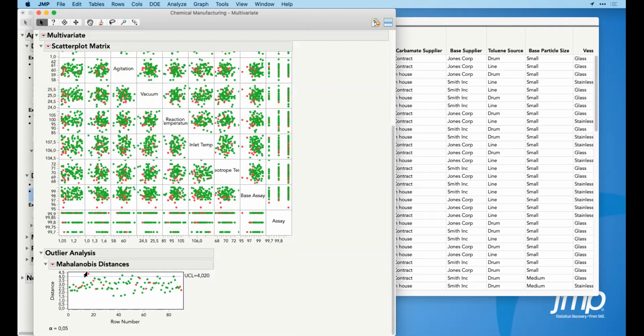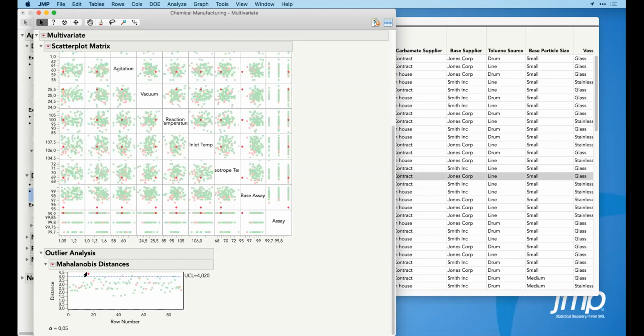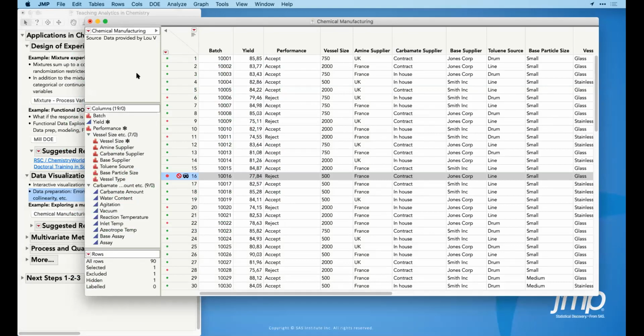And if you think that this one here above this control limit is really outside of our main data cloud, you can always hide and exclude it and then get rid of this suspicious data point for some time, maybe for the next analysis. Now I get it back in.